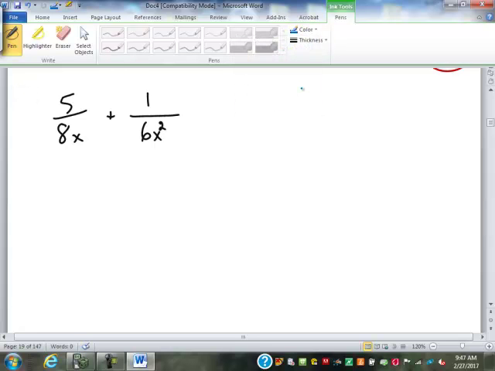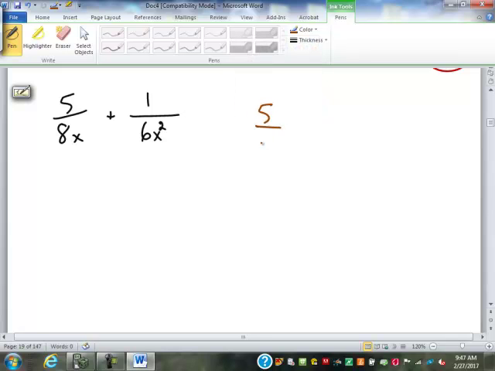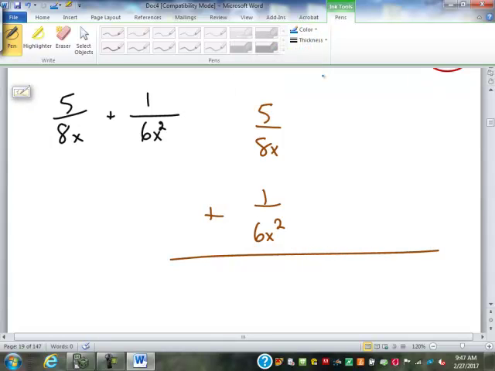Well, let's make it more interesting where the variables now come into play in the denominators. If you haven't noticed yet, there's a pattern in our least common multiples or least common denominators. First of all, the number portion, when we have variables, is going to be the same. What's the least common denominator between 8 and 6? 24.